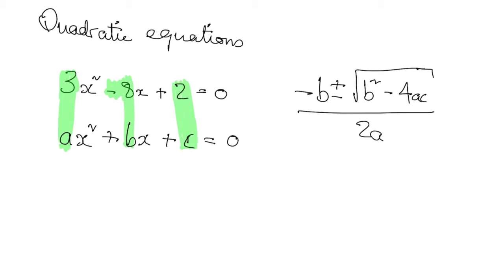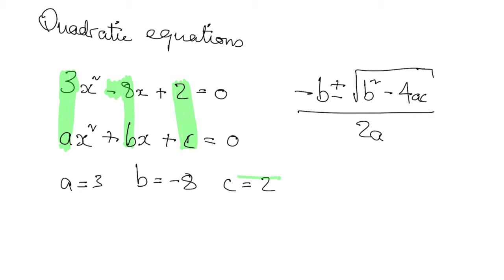So identifying the relevant bits, the squared term, the x term, and the number term, we can write down that simply a takes a value of 3, b takes a value of -8, and c takes a value of 2.